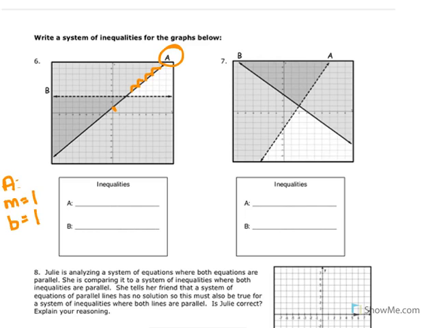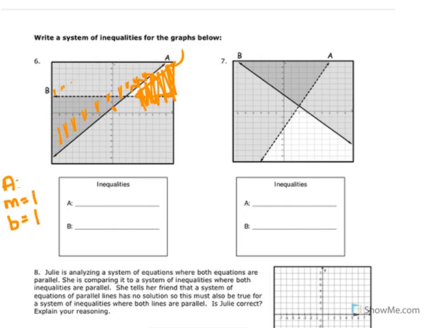Now, let's take a look at line A. So we can see that line A, the shade is above the line. Now, how do I know that the shade is above the line on A? Because here's the shade. If the shade were below the line on this one, this white area that's right here would be shaded in.